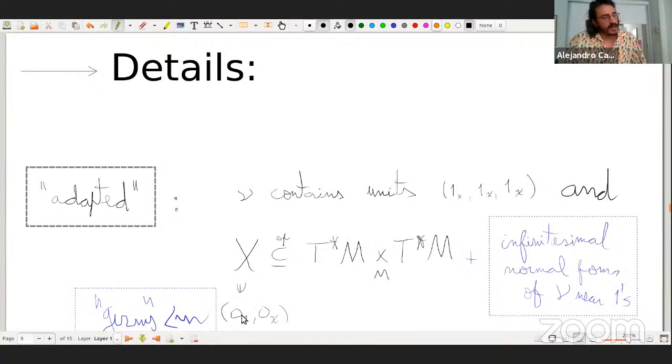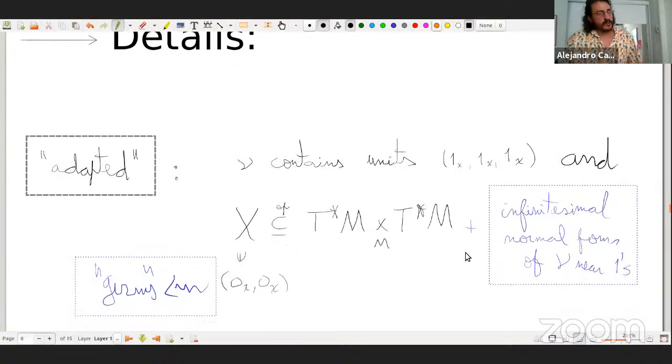And this is an open set that contains 0. The idea being that this 0x, 0x is being mapped to these triple identities. And there is also a further infinitesimal condition on the symplectic normal directions that I'm writing, but it's a natural normal form near the units. And finally, I mentioned that in the theorem, it says germ, and it's always germs around these points in X.